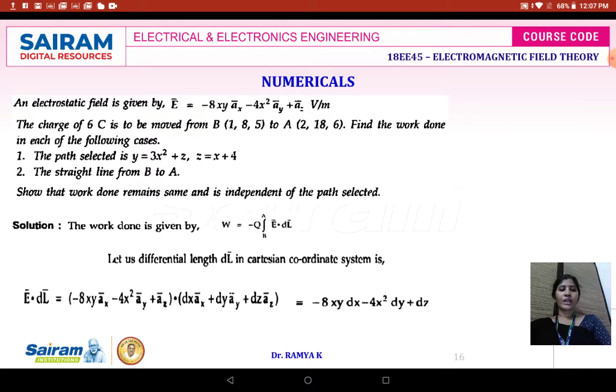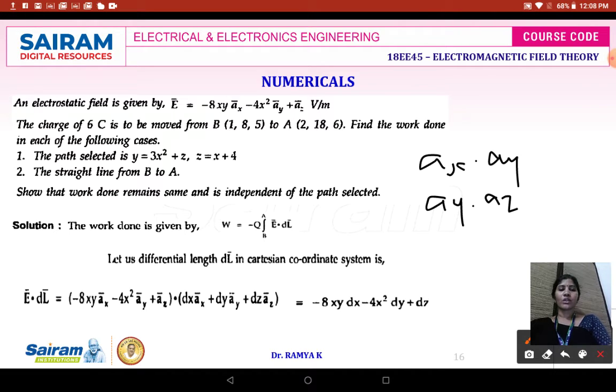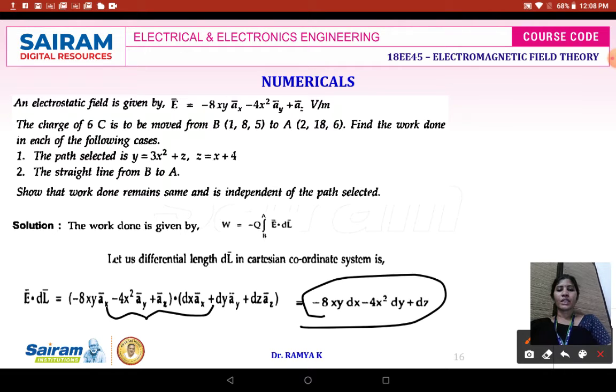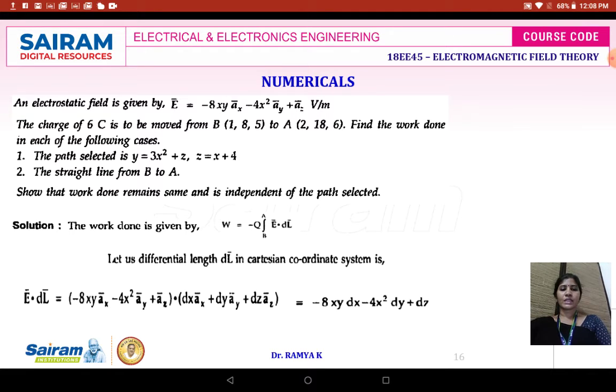Suppose you have ax dot ay, or ay dot az, or az dot ax. All these three terms will be equal to 0. When you use the dot product and multiply these two terms, you will get minus 8xy dx minus 4x square dy plus dz.